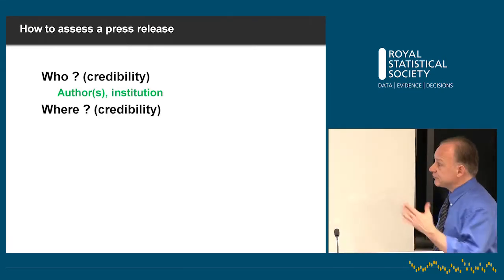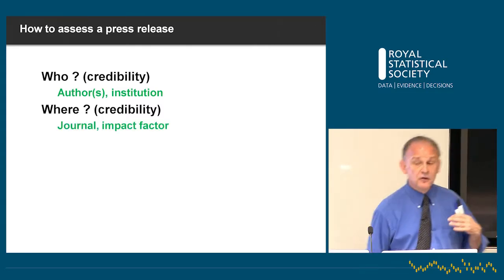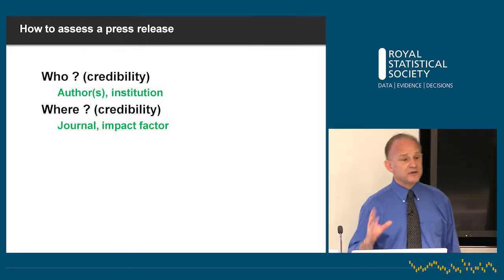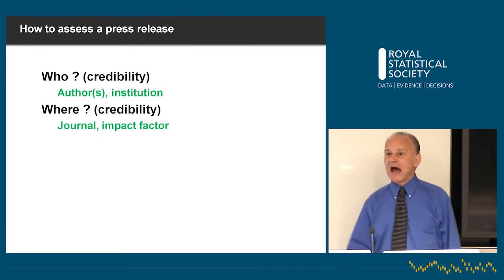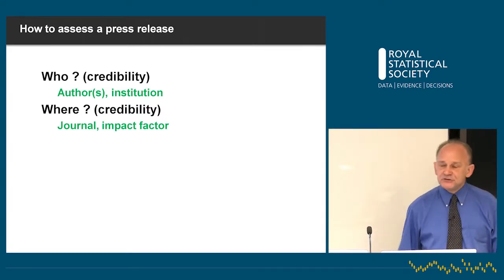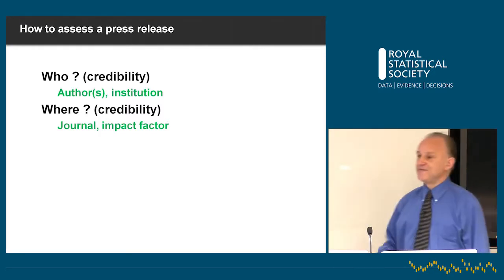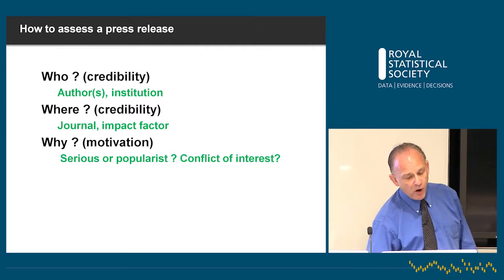Some of the questions on where, again, that affects the credibility, are where has it appeared? How good is the journal, the impact factor, if it ever appeared at all? The impact factor is basically how, in some general sense, papers that appear in this journal convince others to follow it up. Why?